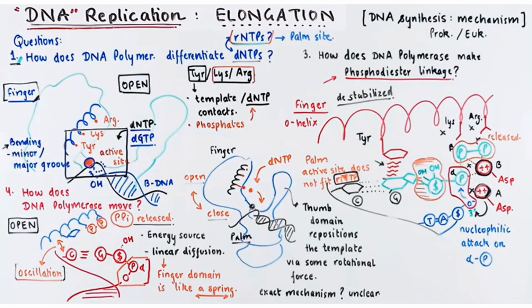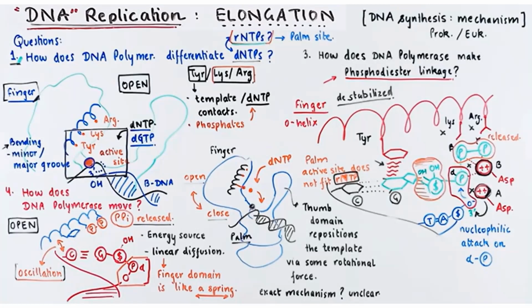And the other metal ion, let's call it A, interacts with the free 3' hydroxyl group and weakens the hydrogen bonding of the OH. Essentially, it works to take away the hydrogen. As a result, this oxygen here takes a radical form. So this oxygen is ready for the nucleophilic attack on the alpha phosphate of the DNTPs.